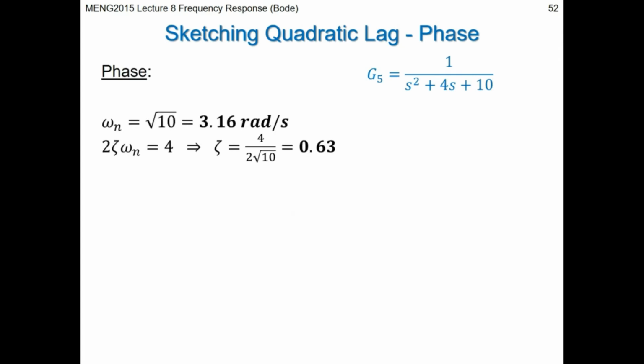So let's find the actual phase for the G5 term in our transfer function. Now, first of all, we can calculate our omega n. Omega n is 3.16 radians per second. It comes from this term from the first order, remember, the prototype transfer function.